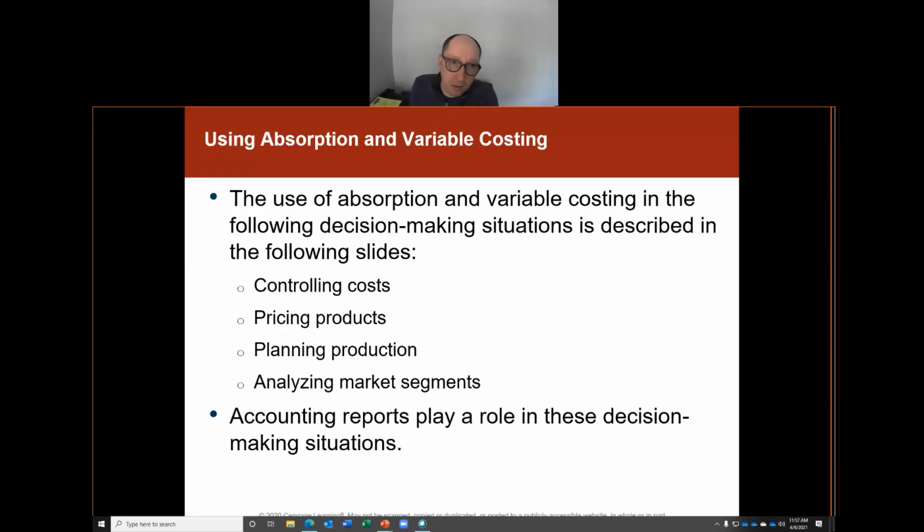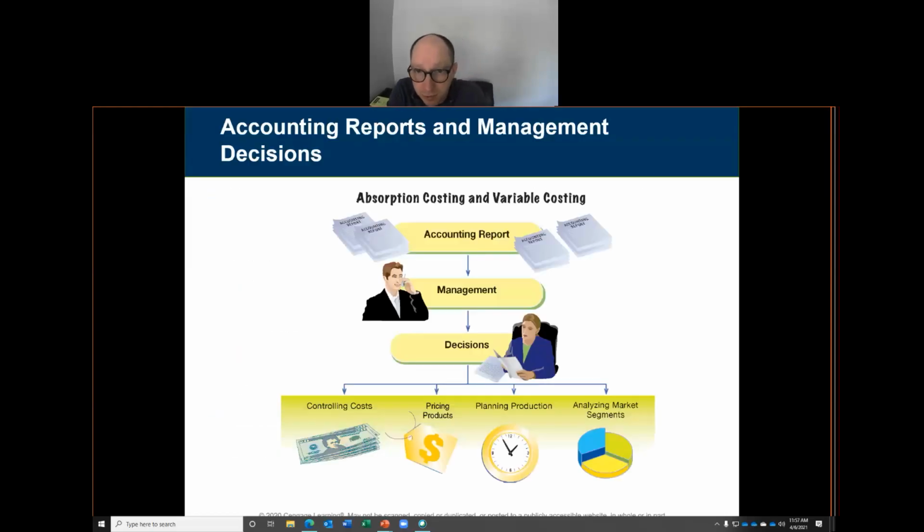And as we go through the process, we make our reports, absorption costing reports, variable costing reports. They help management to make decisions, to control costs, price our products appropriately, plan for production, and analyze market segments.